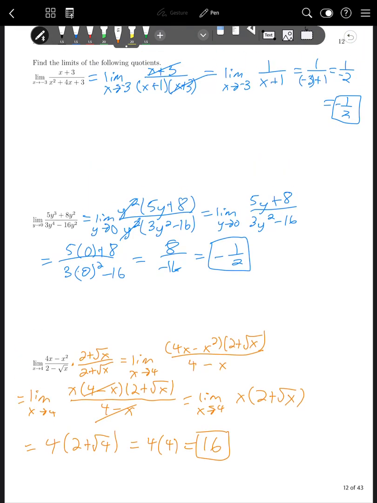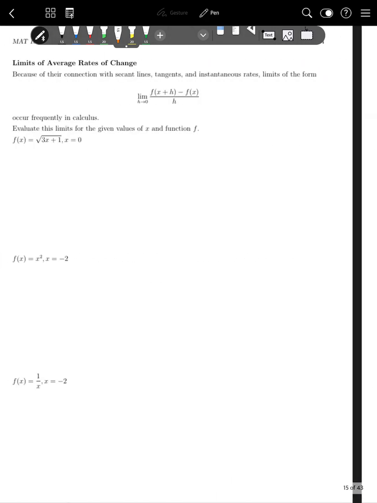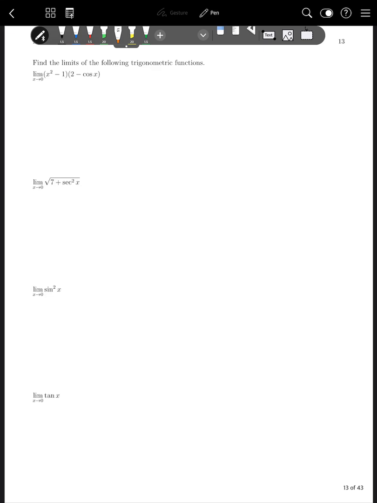Now, that's most of the ones you're going to run into, except for ones that involve trig functions. But the nice thing is all the rules still apply for trig functions, so these are really just going to work the exact same way as before, as long as you don't get something that's undefined. Okay, so for the first one, really all you have to do is plug in 0.